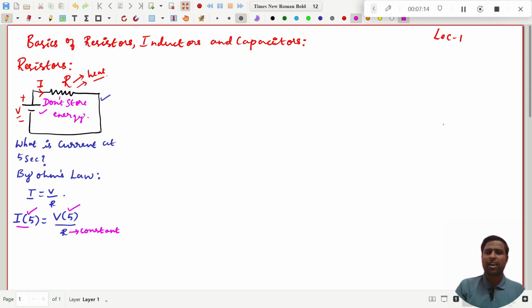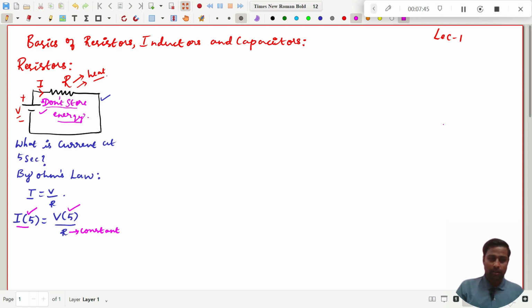The amount of energy it is dissipating into heat is totally related to the value of the resistor. I am not going very deep into that. Whatever energy it is getting from the voltage source, it immediately dissipates into the atmosphere by means of heat. So a resistor doesn't store any energy. That is what we have written here.